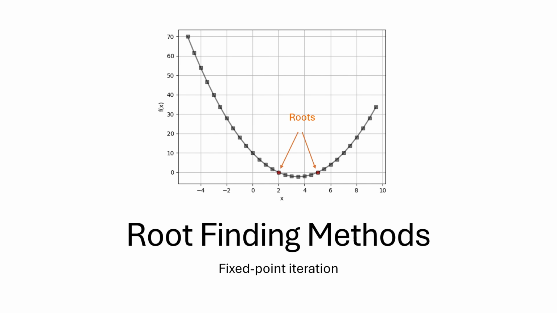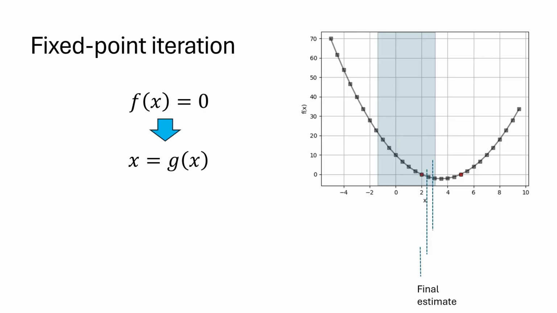The open methods, when they converge, do so in a much faster way than the bracketing methods. In this video, we'll look at the simple fixed point iteration method from the open category of the root finding methods. In the fixed point iteration method, we rearrange the equation f of x equals 0 to x equals g of x.